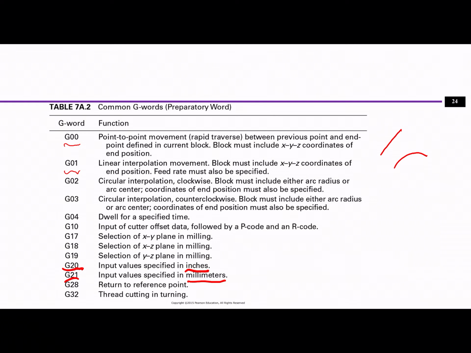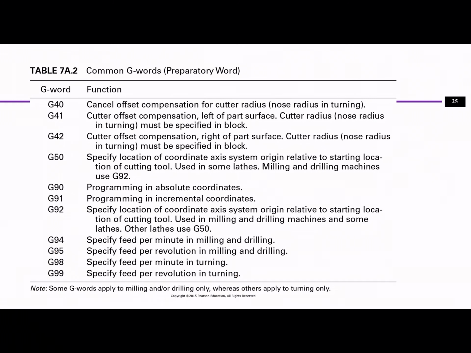And there are some other G codes here. Some of the common ones will be G90 and G91. If you specify G90, that means you are using absolute coordinates. If you are using G91, that will be incremental coordinates.